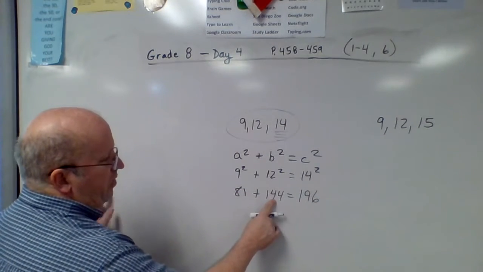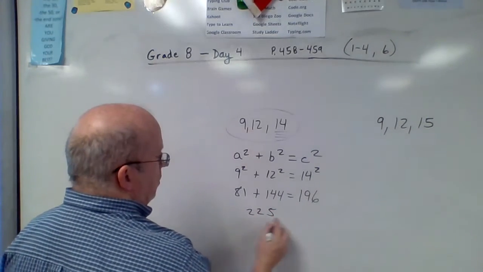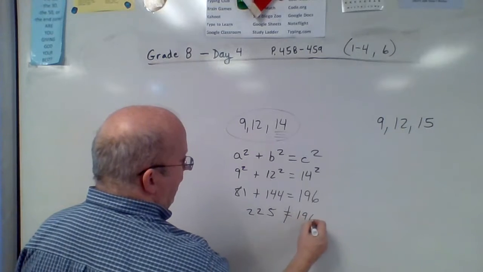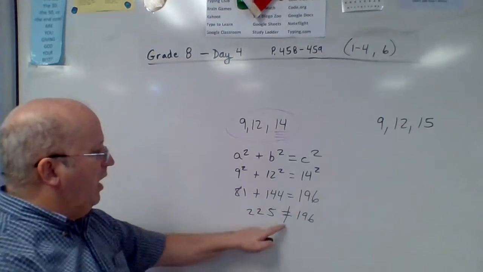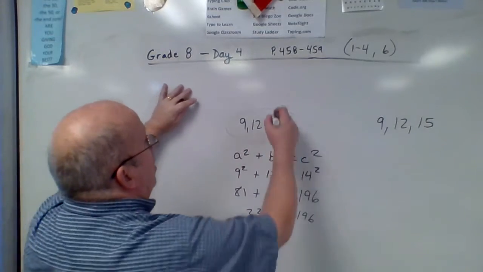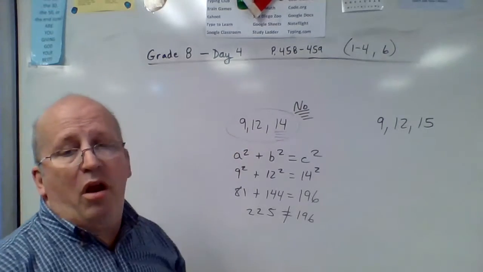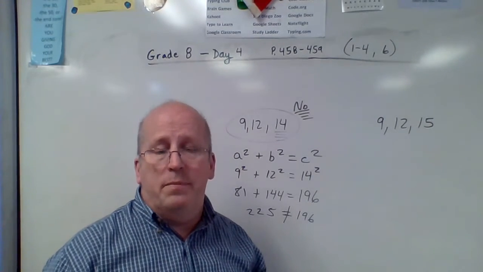Does this plus this equal this? Well, let's see. Uh-oh. No, they do not equal. Therefore, we would have to say no, these numbers are not a Pythagorean triple.